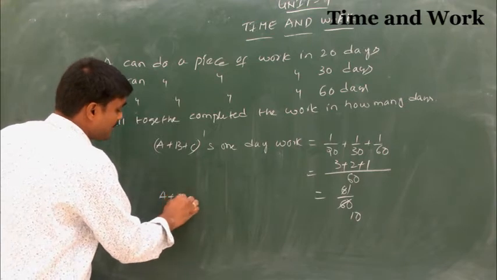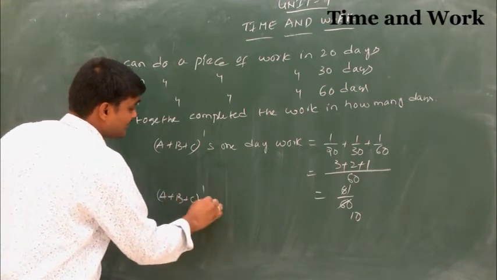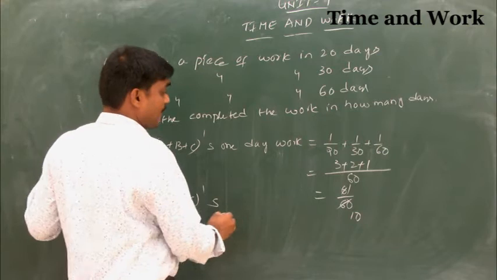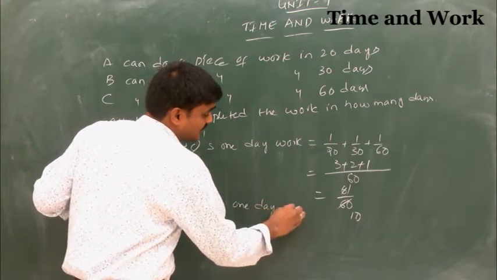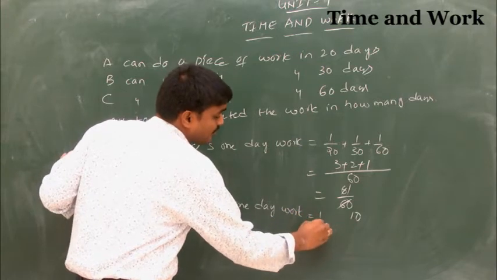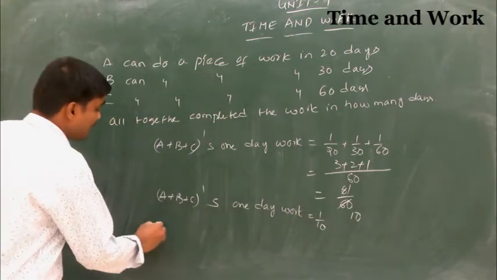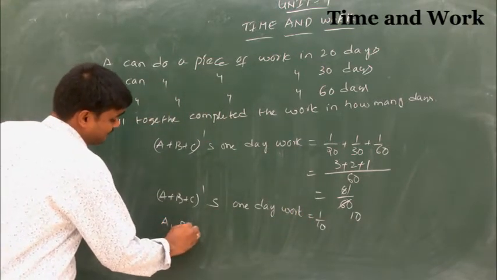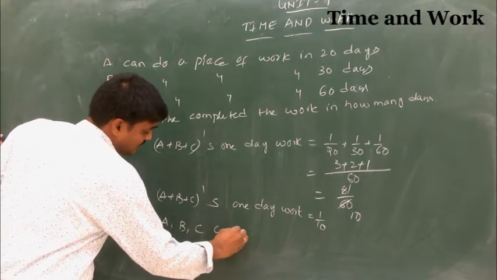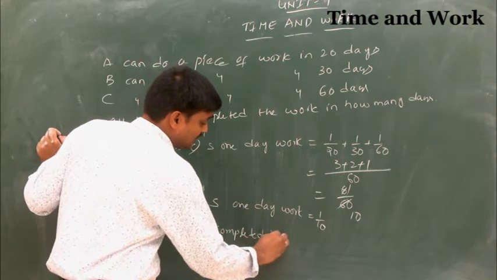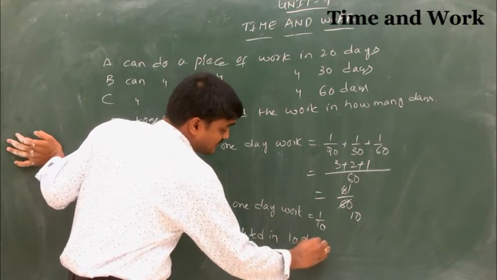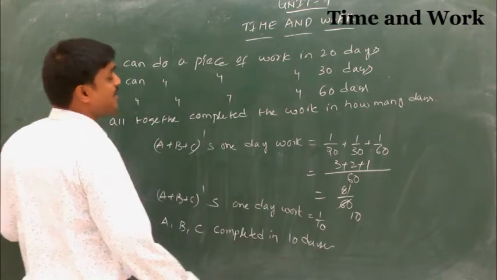A plus B plus C's 1 day work is 1 by 10. So ABC completed in 10 days.